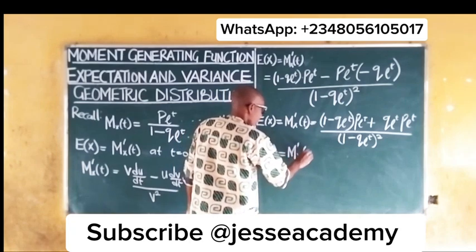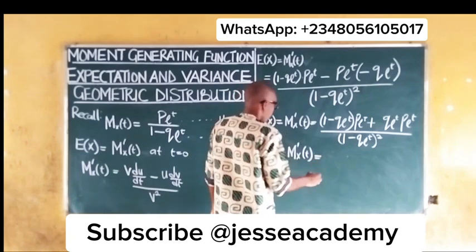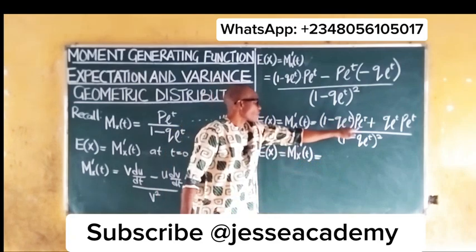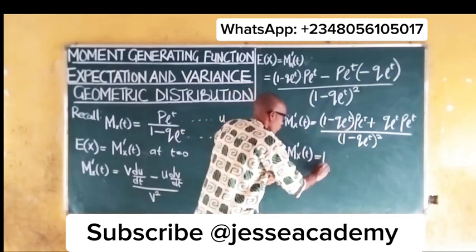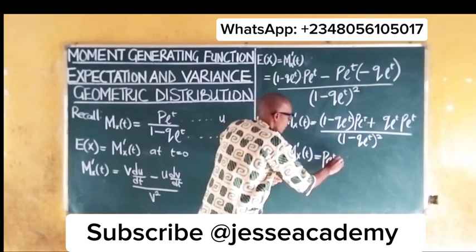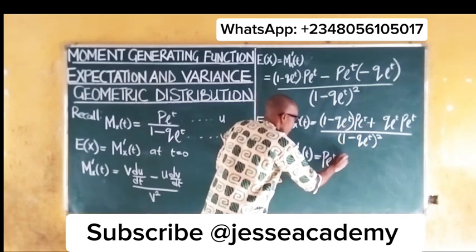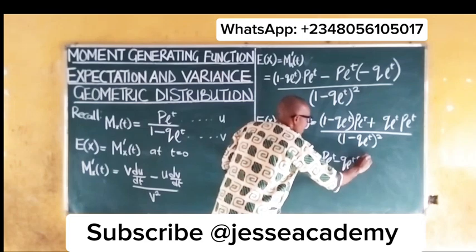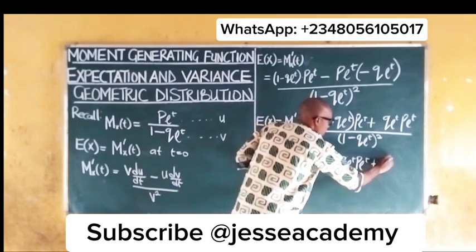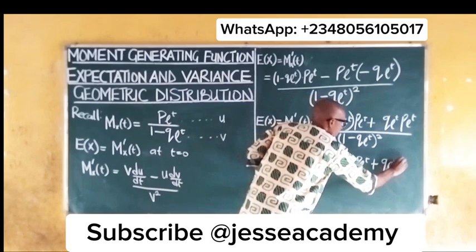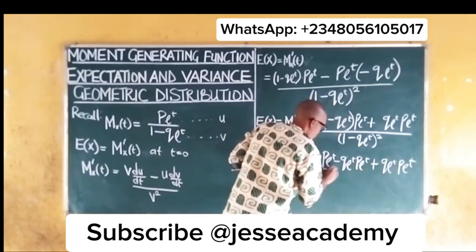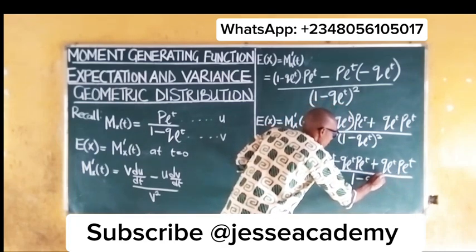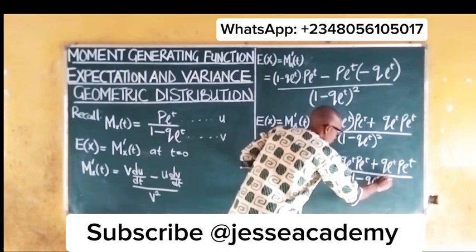We multiply this by this to give us pe^t. We multiply this by this, minus qe^t pe^t, plus qe^t pe^t, all over 1 minus qe^t all squared.